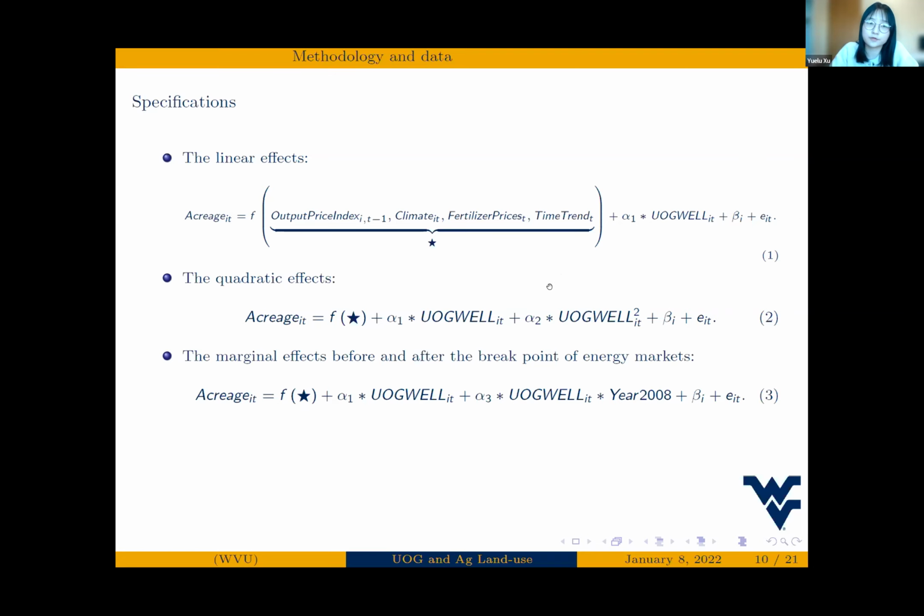The second specification includes both linear and quadratic terms to allow for the marginal effect of additional UOG development. The third one investigates the marginal effects of UOG development on crop acreage before and after the breakpoint of energy markets, the year 2008.